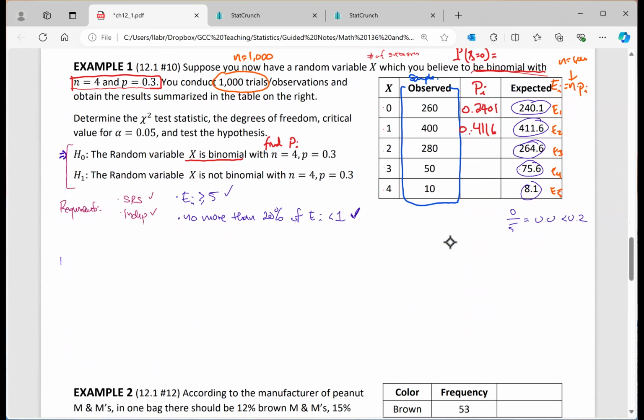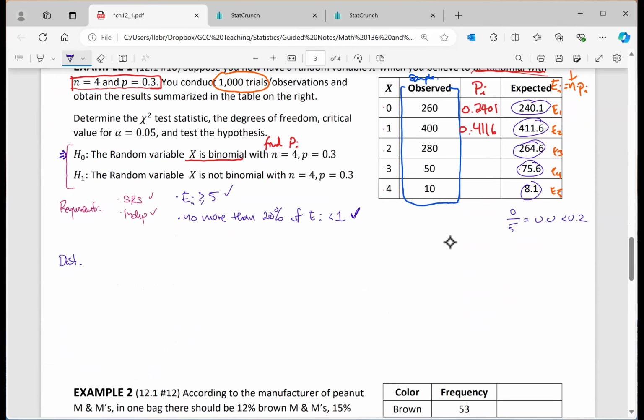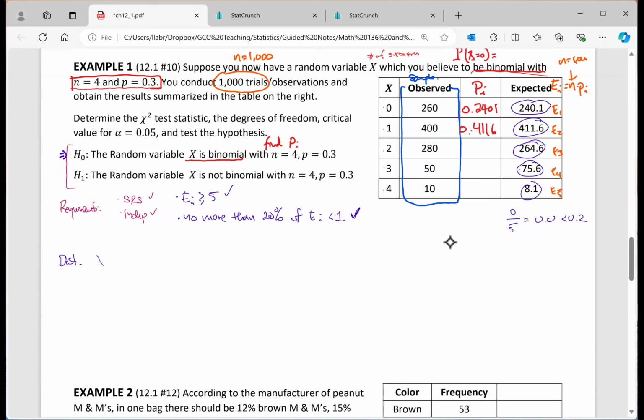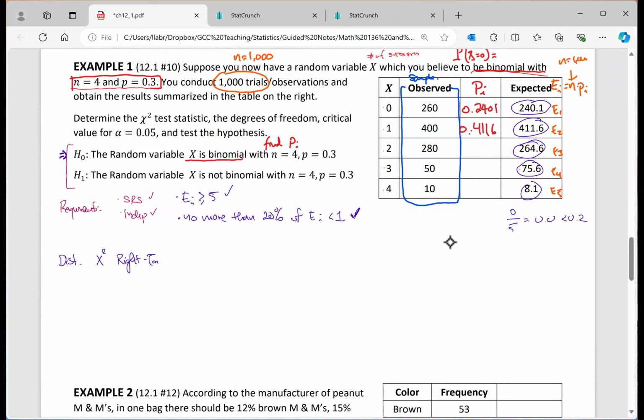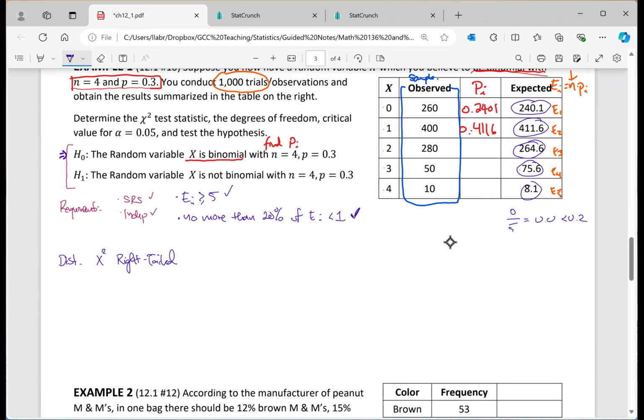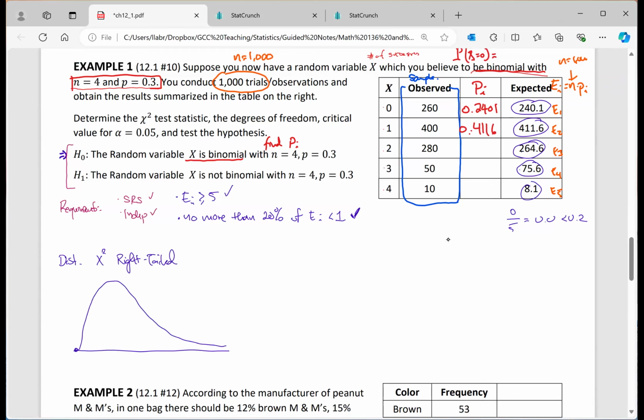My distribution: because I'm checking a random variable where you've got expectation and sample in a table format, we're going to do a chi-squared statistic, and it's right-tailed.